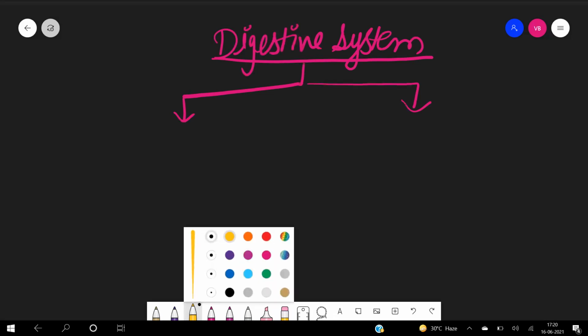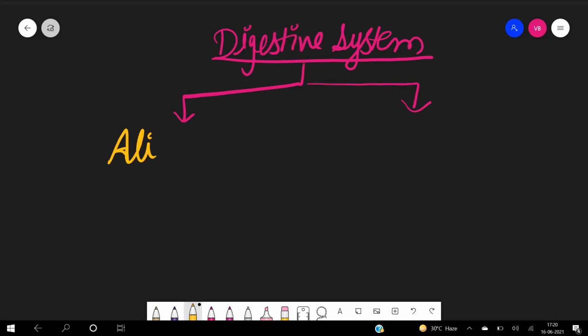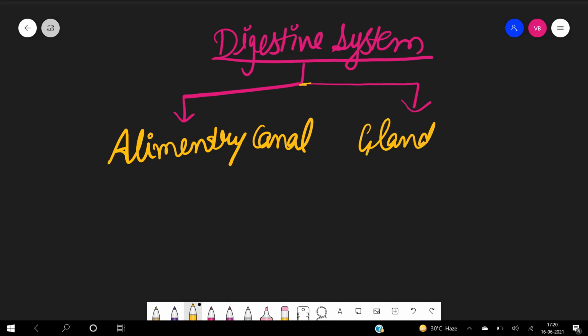First, the alimentary canal is present. Along with that, we have some glands also. The alimentary canal and glands work together, and then the digestion of the food takes place.